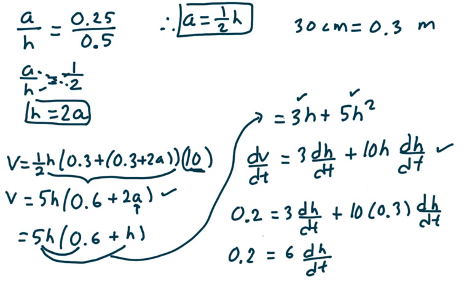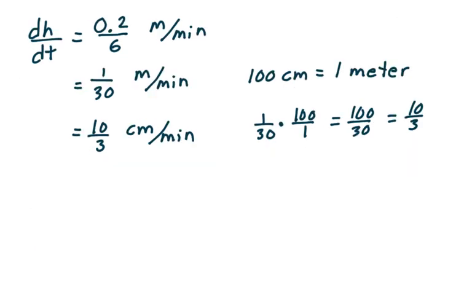So again, 0.2 equals 3 dH/dt plus 10 times 0.3 dH/dt. So 0.2 is equal to 6 dH/dt. Divide through by 6. So dH/dt is equal to 0.2 over 6 meters per minute. But I claim that's equal to 1 over 30 meters per minute.